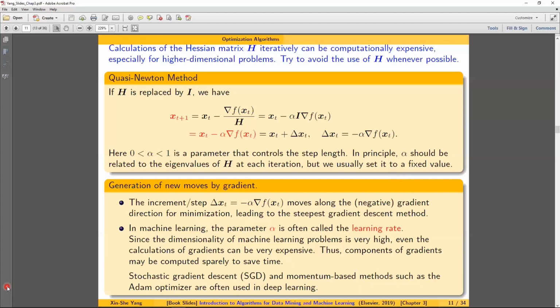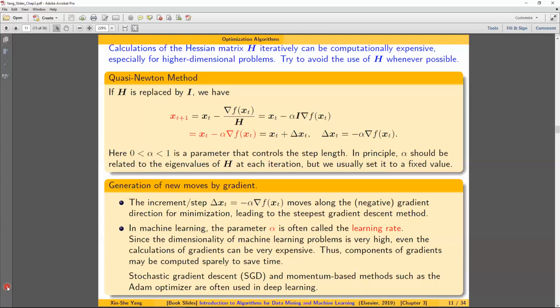It's very useful in neural networks and deep learning, but not only there. In many other machine learning algorithms, alpha is used as a learning rate.